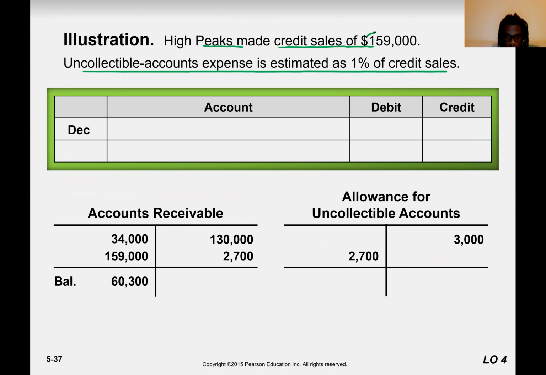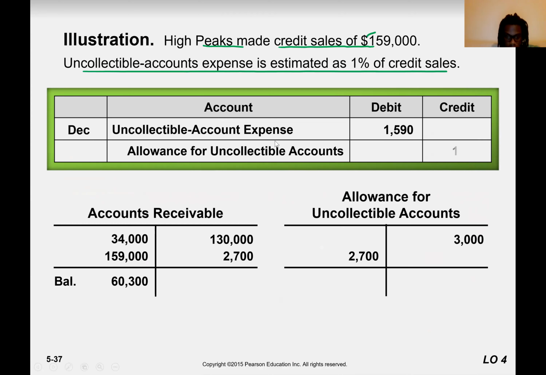So when you make the estimation, the entry would be expense to allowance for uncollectible. Sorry, 1% would be 1,590, right? Here we go.